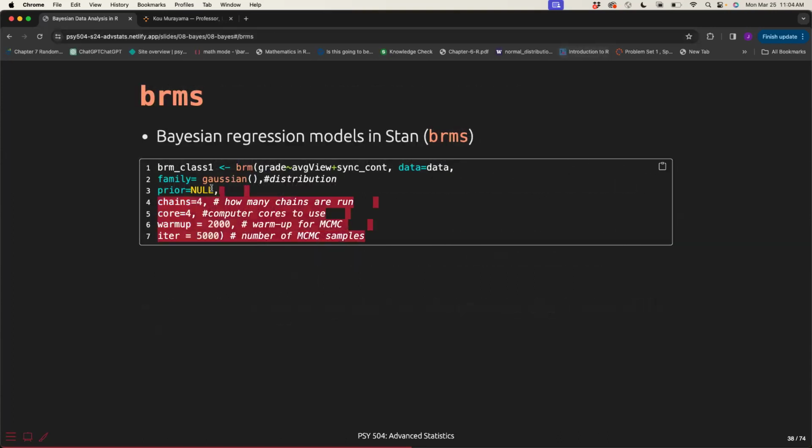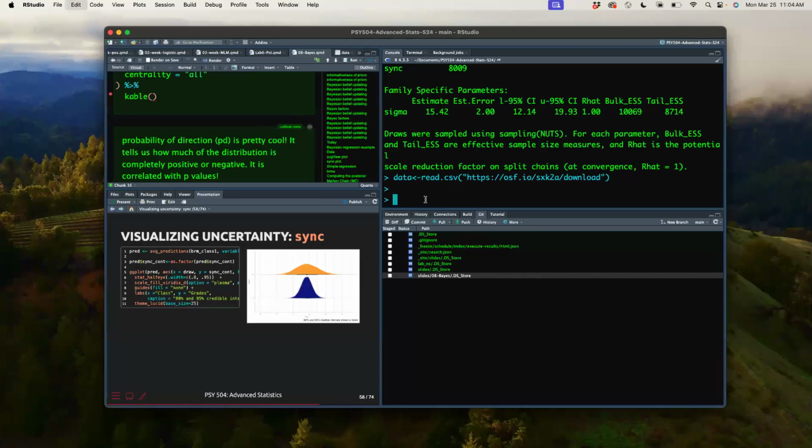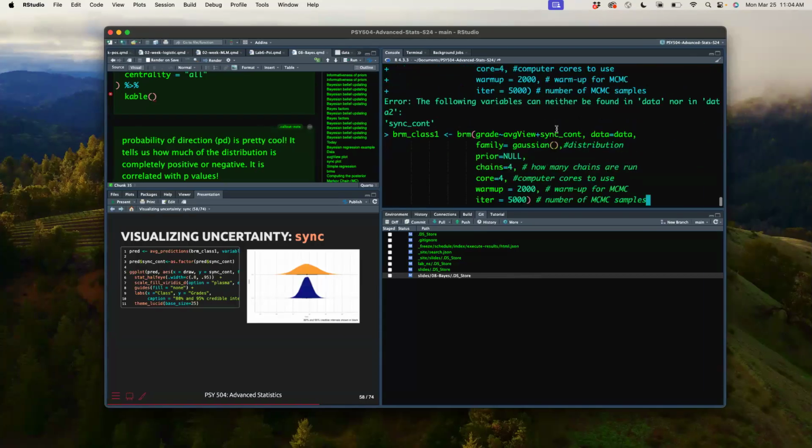So let's go ahead and run this real quick in R, and we'll kind of see how long it takes to run.